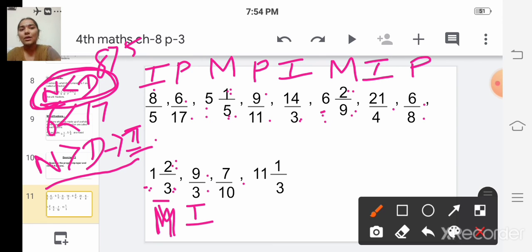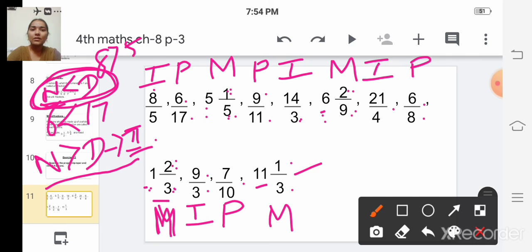So I write P here. And look at the last fraction, 11 1 by 3. What is it? It is a mixed fraction, because it is made up of whole number 11 and proper fraction 1 by 3.